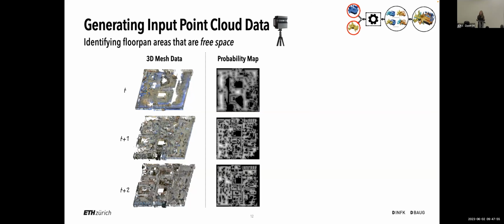The first thing is to see where we can place our scanner in order to get these fragments. In order to do that, we used each of those meshes and created a 2D probability map of where there is a higher chance to place your scanner. In this specific example, you can see the whiter the pixel on the map, the more probable the location for putting the scanner.